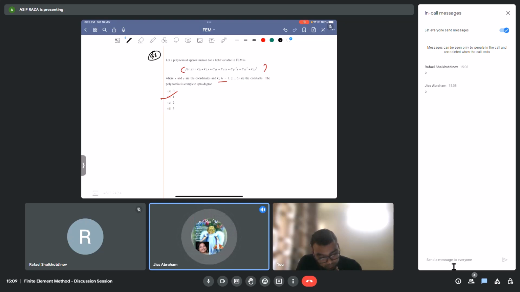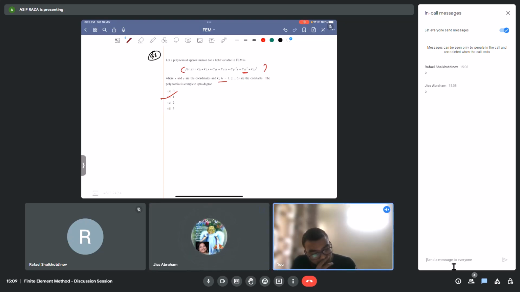For degree two, there should be x square and y square. y square is there, xy is also there, but x square is not. Yes. So to get degree 2 complete, we need x square. This is missing to have degree 2 as complete, right?